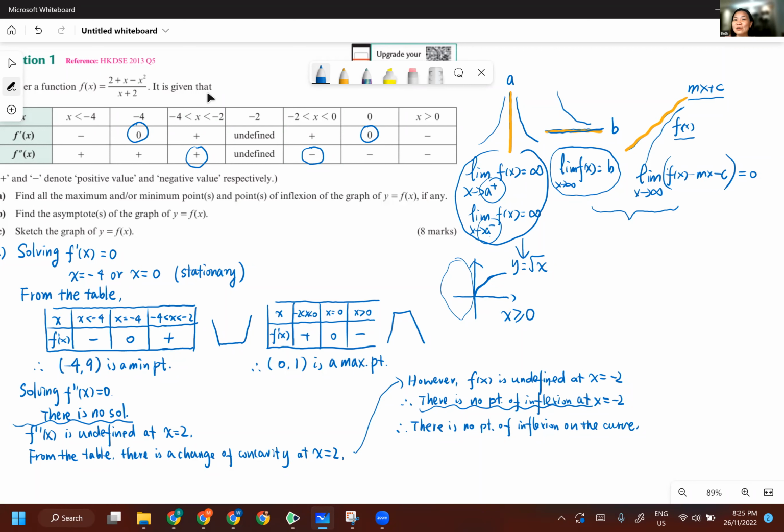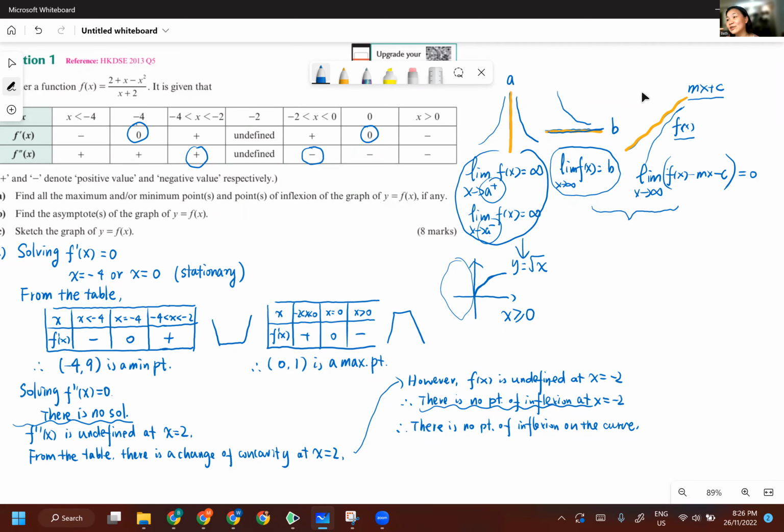Let me explain. Oftentimes, horizontal asymptote and oblique asymptote do not occur at the same time. Why is that? Because at infinity, the function shouldn't tend to another thing like this, because the limit cannot be both. Do you know what I mean?